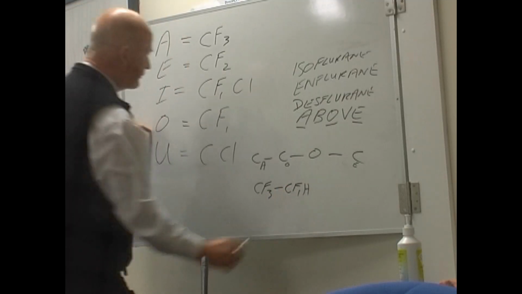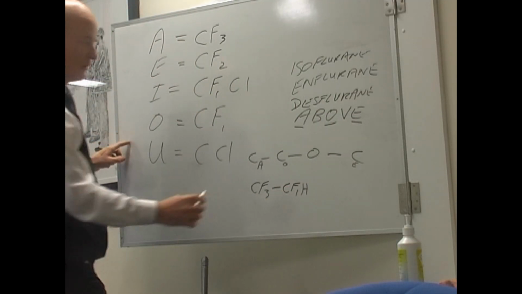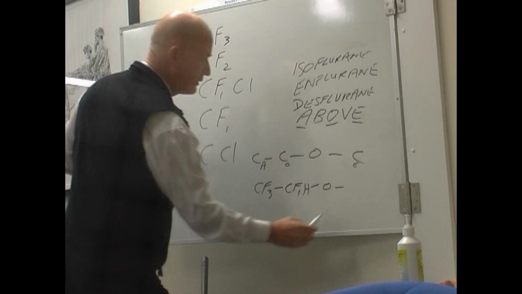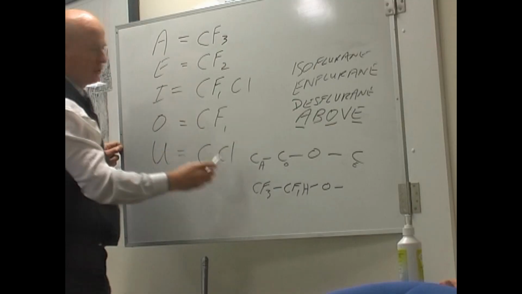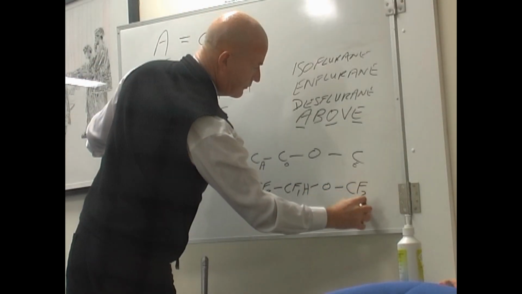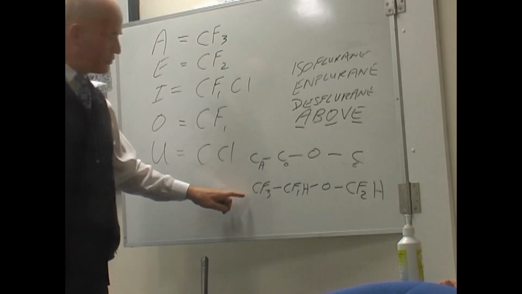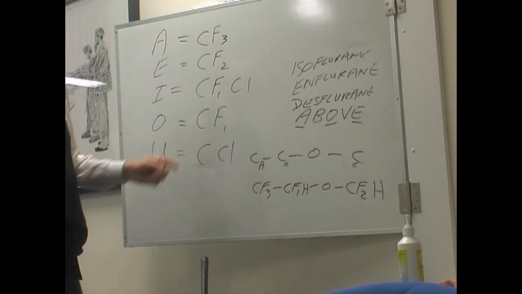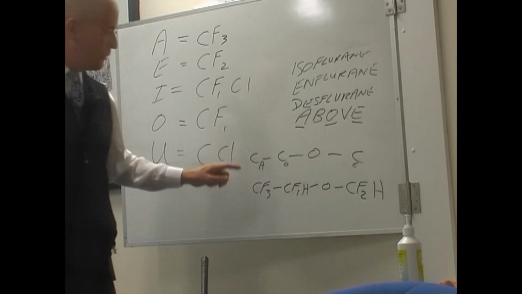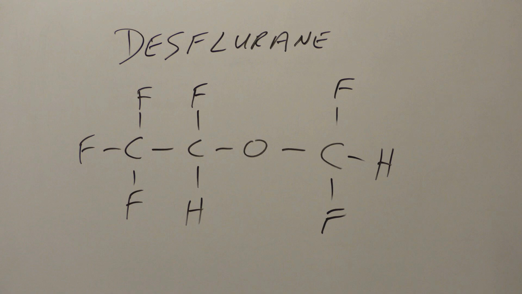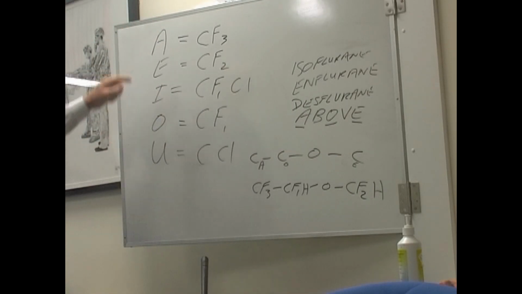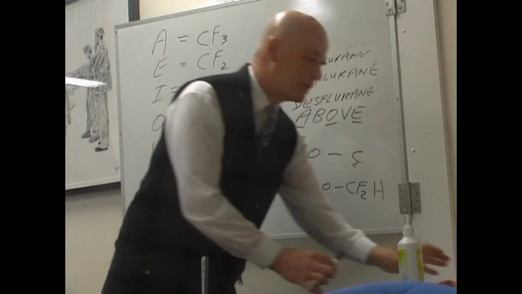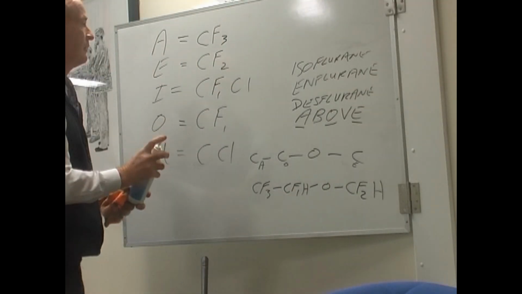So just with this code, just add in hydrogens if you need an extra space, oxygen, and then this is the E carbon, so this is CF2 and then a hydrogen. So this is the structure for desflurane, going left to right with the ethyl in front of the methyl alphabetically. This is the A, O and E carbon being above. So that's the structure for desflurane.